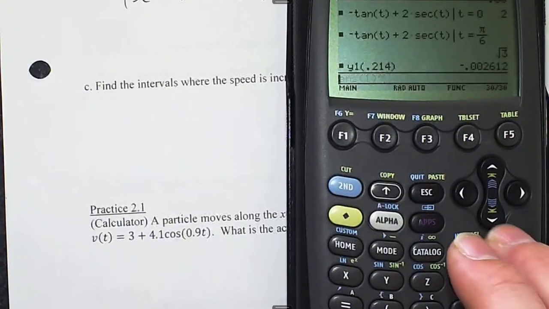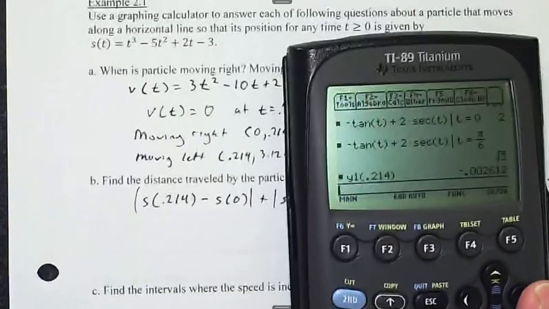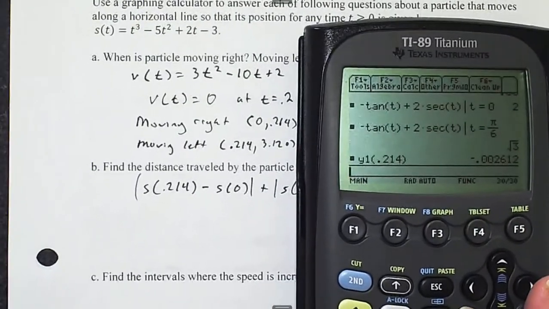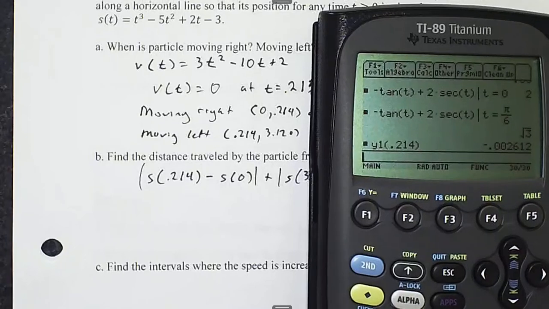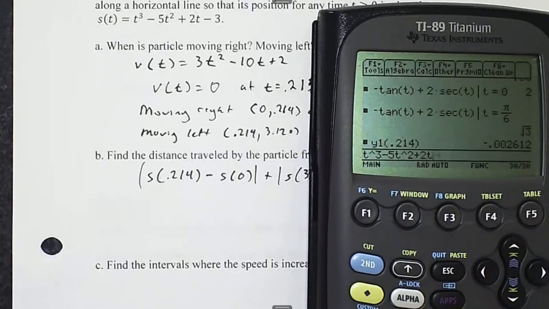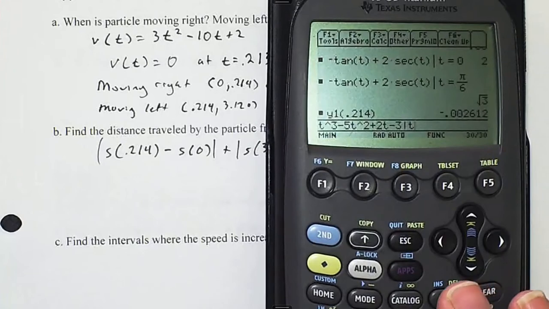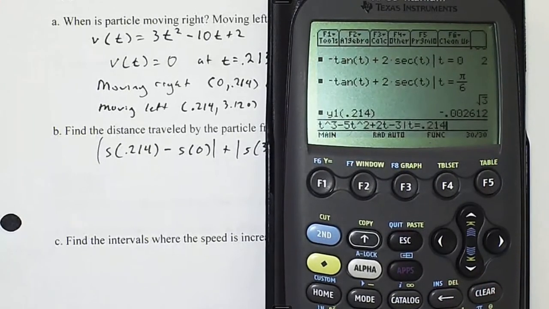Anyway, that was a cool thing, but I guess it doesn't matter now. Doesn't help us here. All right, we're going to use position. So we'll do t cubed minus 5t squared plus 2t minus 3 such that t is equal to 0.214.